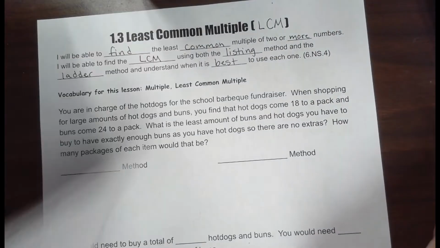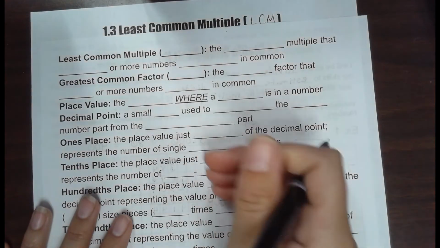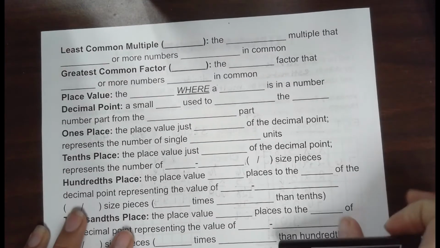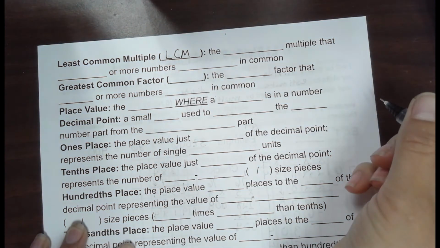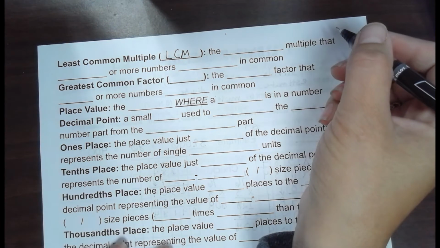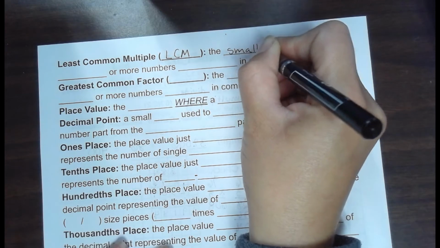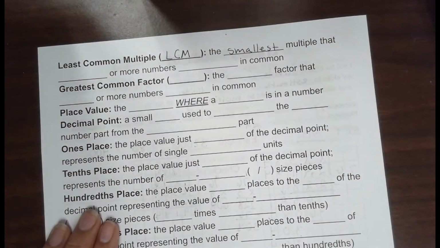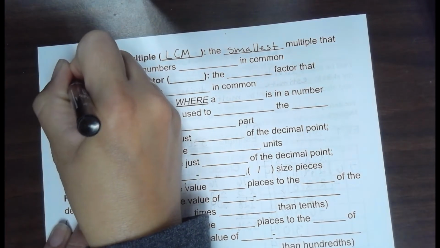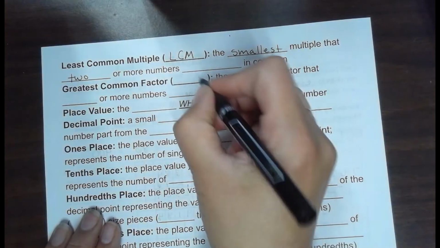All right, starting on page 17. The definition for least common multiple, or LCM, is the smallest multiple that two or more numbers, because you can find the least common multiple of 3 or 4 numbers, share in common.